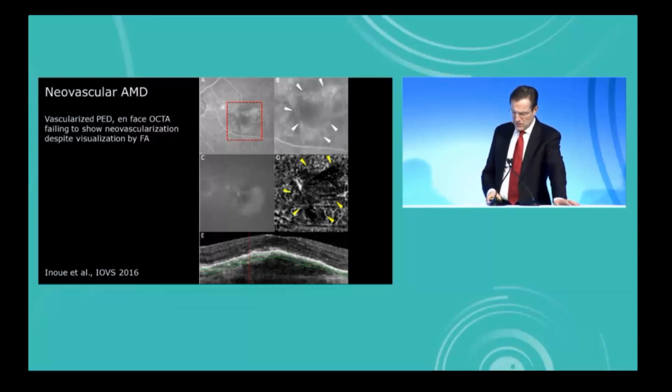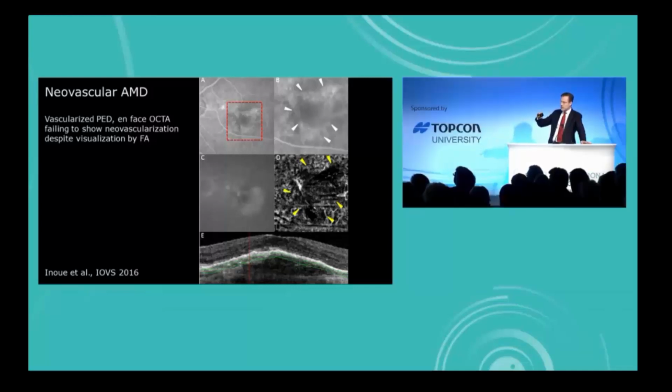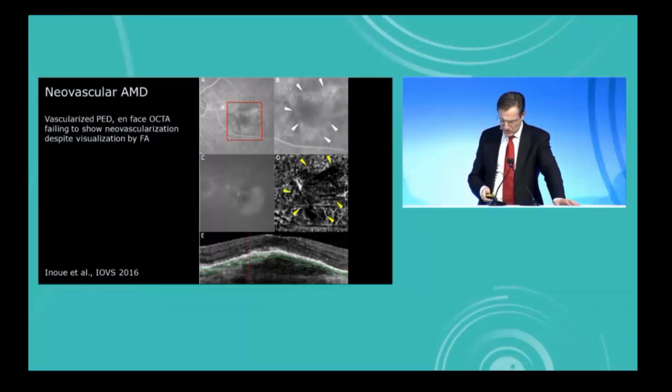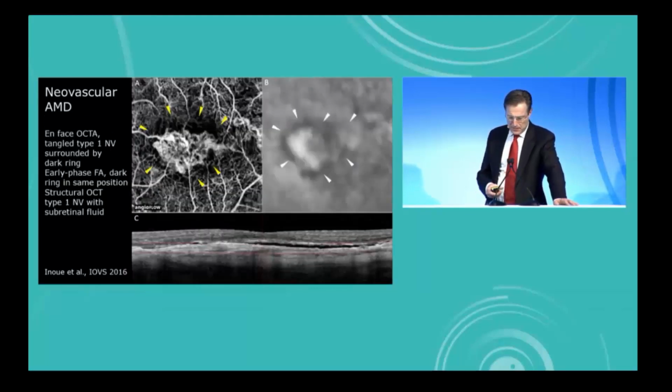And you can then start running it up and down and trying to get a three-dimensional impression, alternative visualizations of the structures down there, and you may also want to supplement this with an indocyanine green angiography to see if that makes you wiser. So again, there is a whole lot of interaction between the different modalities that you can now use to examine the retina for diseases such as neovascular AMD.